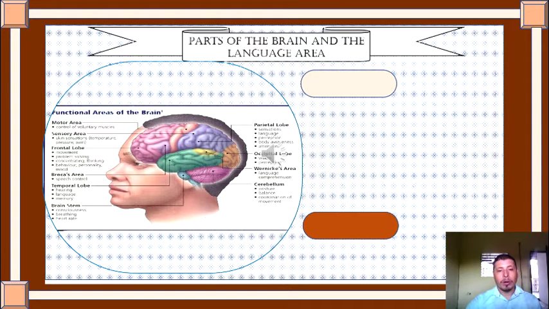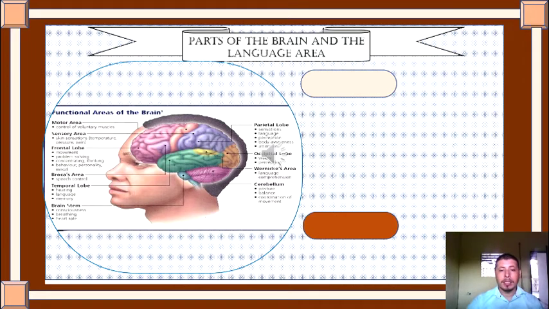Now, if we go to this part right here, we can see Wernicke's area. That is related to language comprehension. So language comprehension is related to decoding that information. Because in the brain, what happens is we encode and decode information. So we understand and then we produce a response.